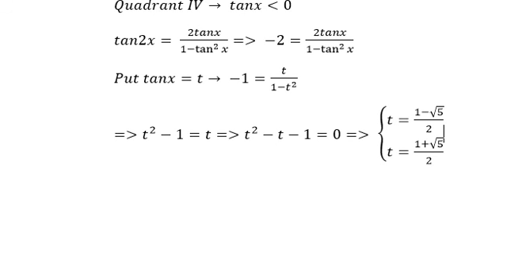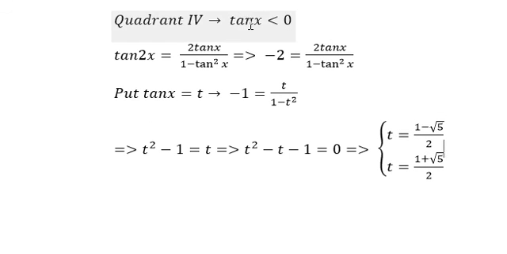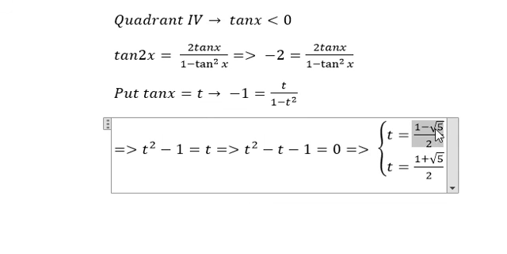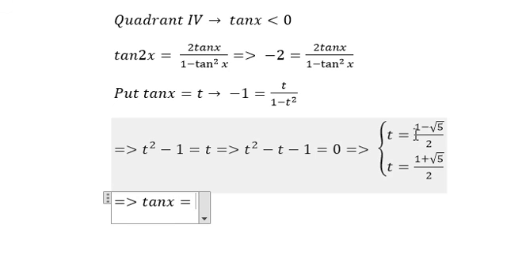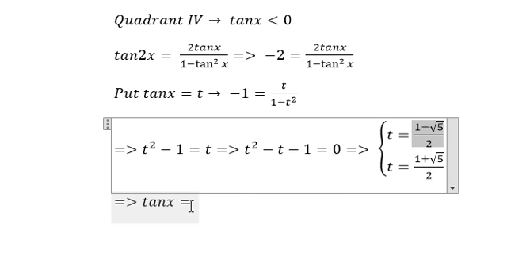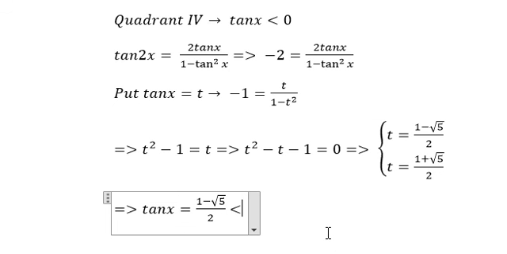Because we need to find tan x that should be negative, only this one is acceptable, so we can find the final answer. Tan x in here should be this number, because this is the negative one.